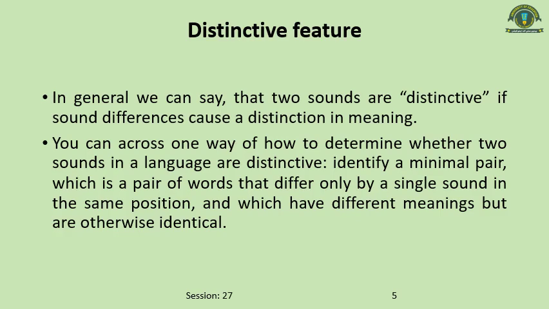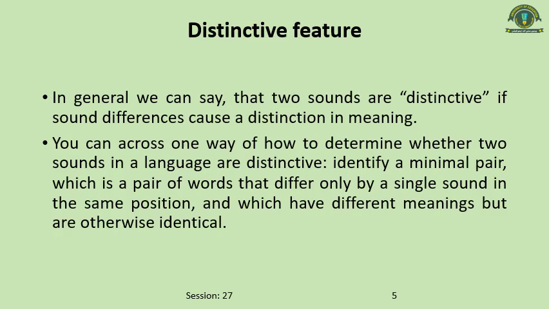For example, in bus and buzz, the ending sound is s in bus and the ending sound is z in buzz. But if we replace s with z, the entire meaning is changed. So we are supposed to use that word in accordance with the requirement of the context. That's very important, right?